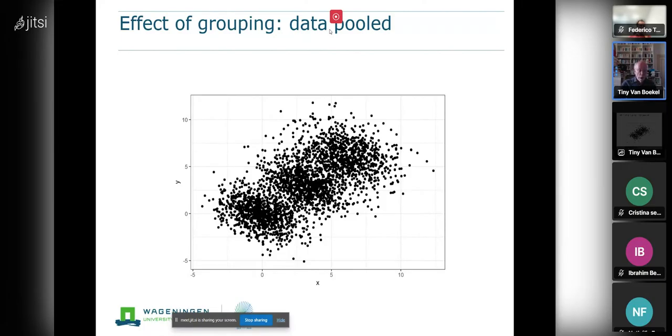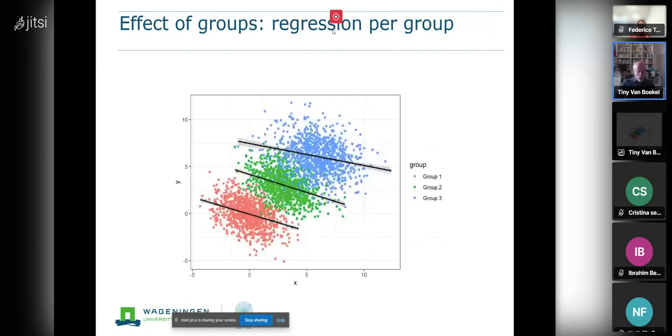And if you now do regression, you'll find a relation between X and Y that gives you this result. But if you would take each group separately, you have the complete opposite result, because now you see that this relation really is different if you consider it per group.